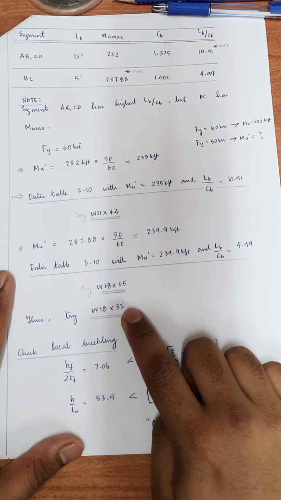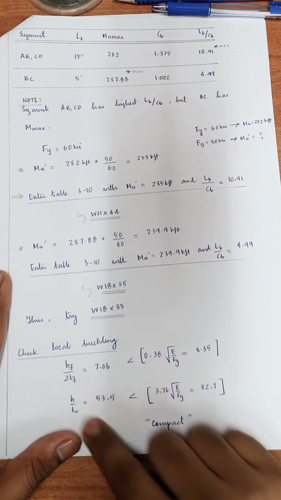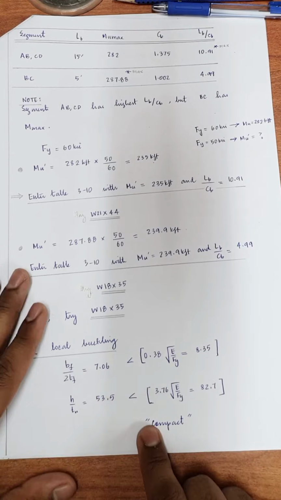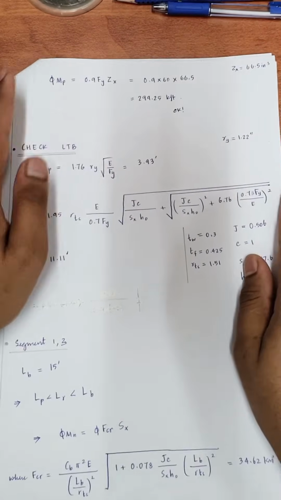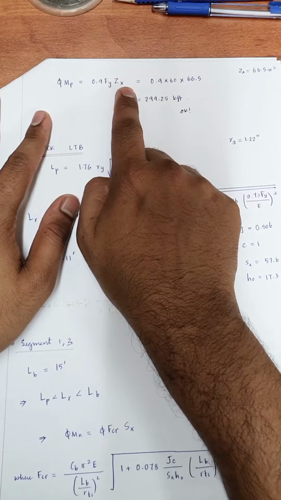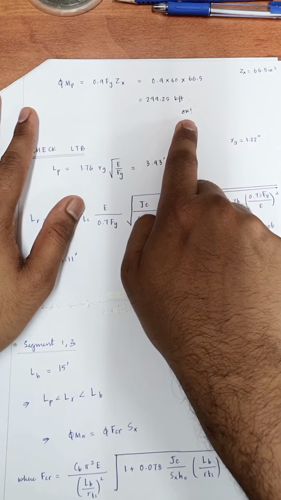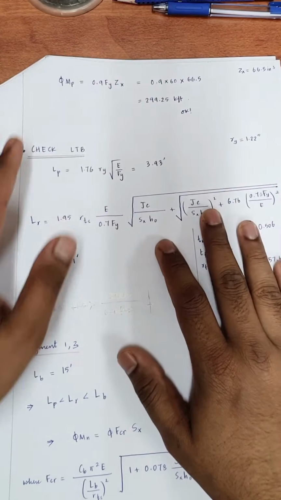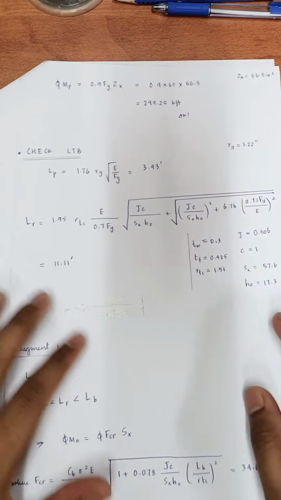So as soon as you start off, we have to check the local buckling. We find the local buckling and we see that the section is compact, and you can determine the value of phi Mp, 0.9 Fy Zx, which is equal to 299.25 kip-feet, which is higher than your maximum moment.